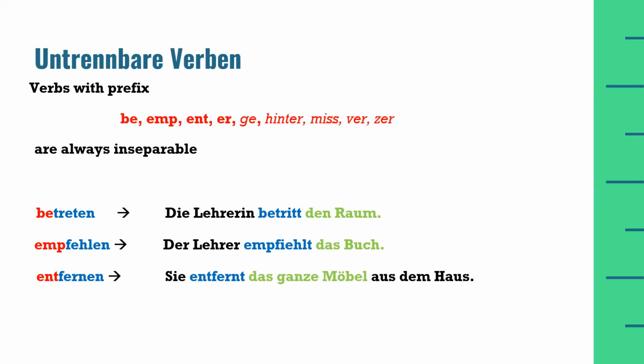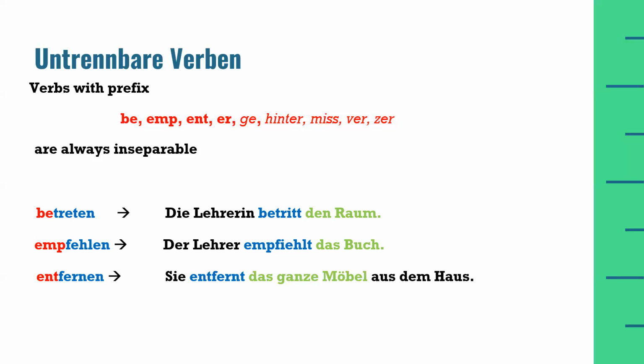Entfernen. Entfernen means to remove. Sie entfernt das ganze Möbel aus dem Haus. She removes all the furniture from the house. Again, entfernen, because of this ent prefix, the verb doesn't separate.